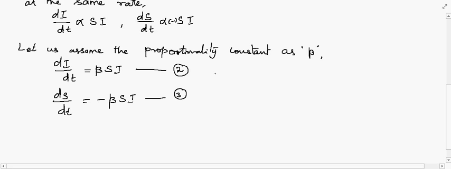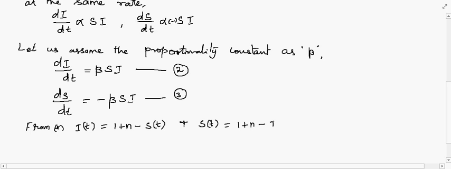Now, I will take equation 3 and I am going to substitute for I from equation star. So, from star, I of t is equal to 1 plus n minus S of t, and also S of t is equal to 1 plus n minus I of t.